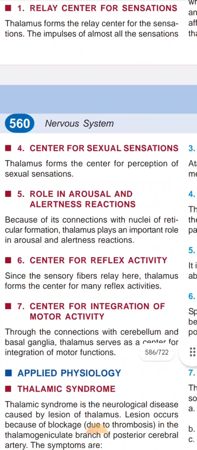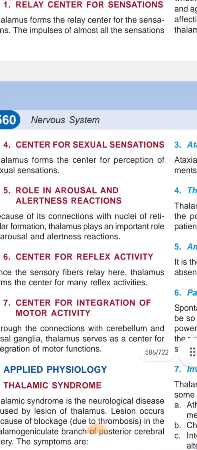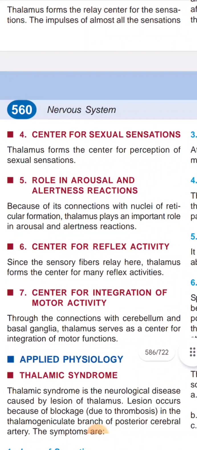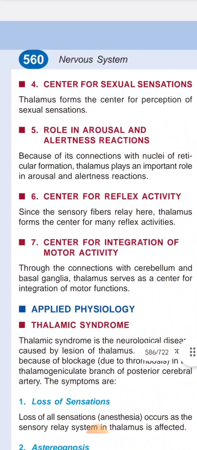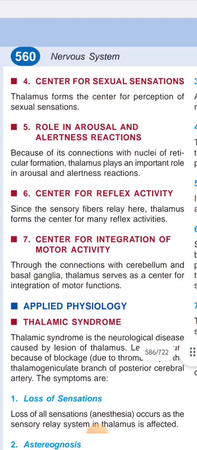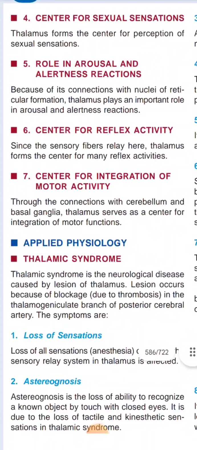Okay. Next, what is the function of thalamus regarding sexual sensations? It also forms the center for perception of sexual sensations, means perception of the difference between the touch of females and males, like that. Next, role in arousal and alertness reactions.